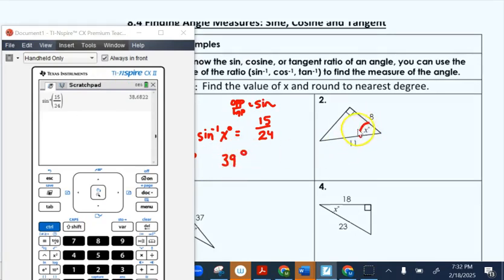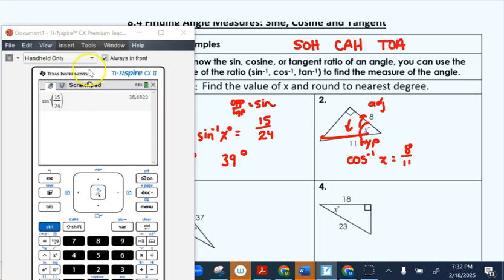Let's try the next one. They are giving us an adjacent and the hypotenuse. And remember, it's SOH CAH TOA. So if they're giving us an adjacent and a hypotenuse, that's going to be the inverse cosine of x equals 8 over 11.